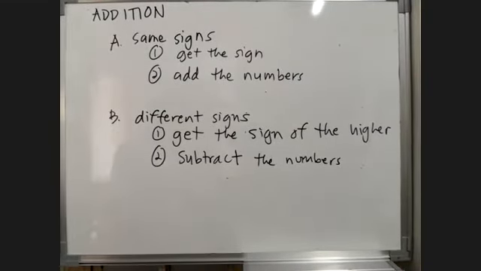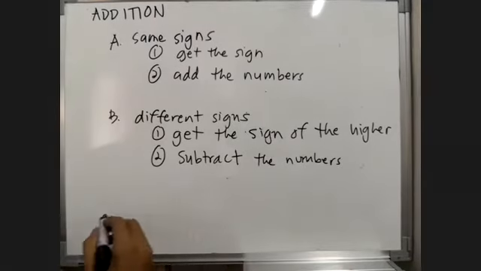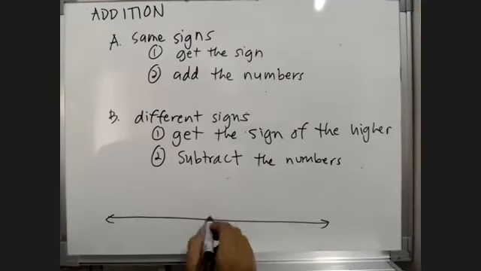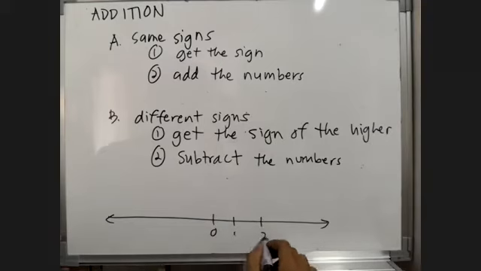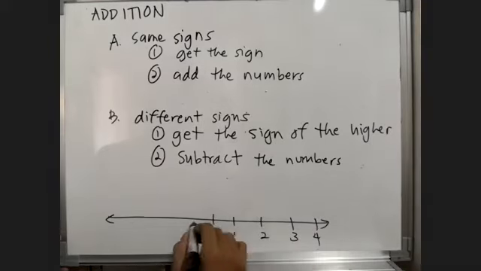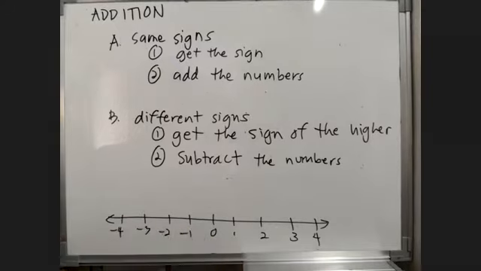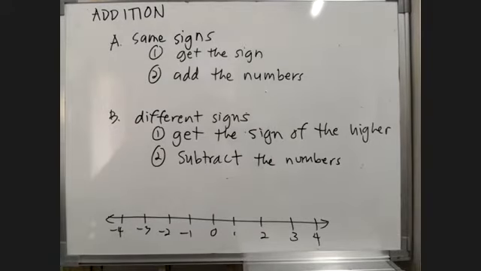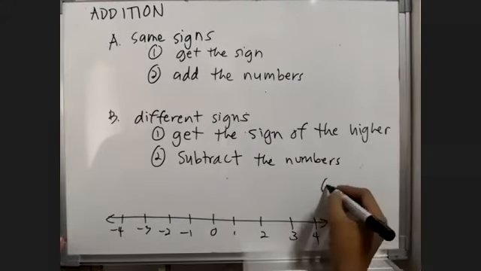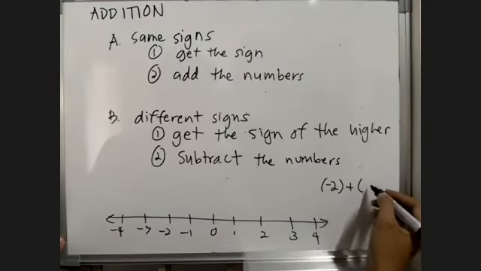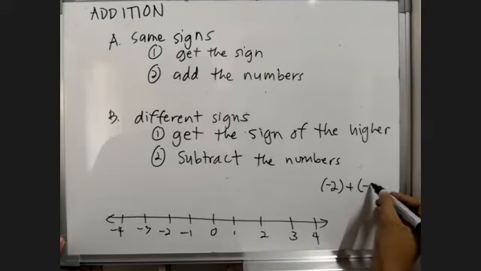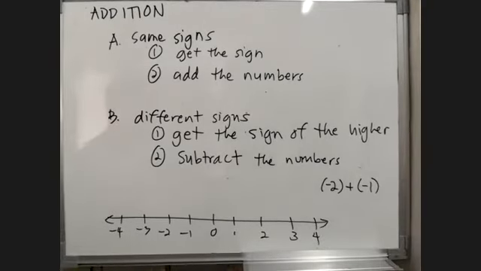Ipakita ko lang din kung paano siya sa number line, ha? Para makita nyo. So for example, I am adding negative 2 plus negative 1. Yan. So paano siya sa number line? Una mong ipa-plot yung isang addend niya.